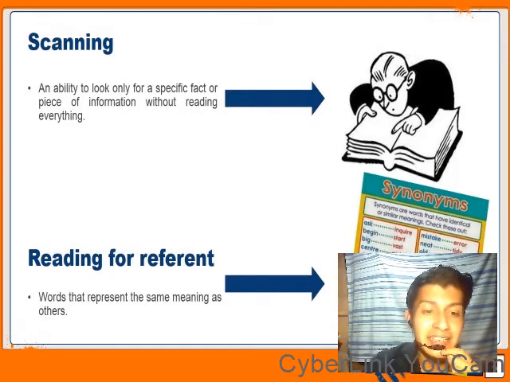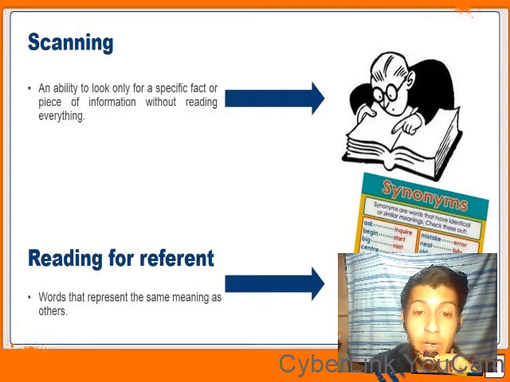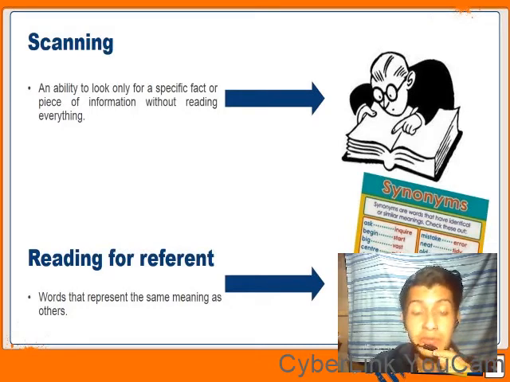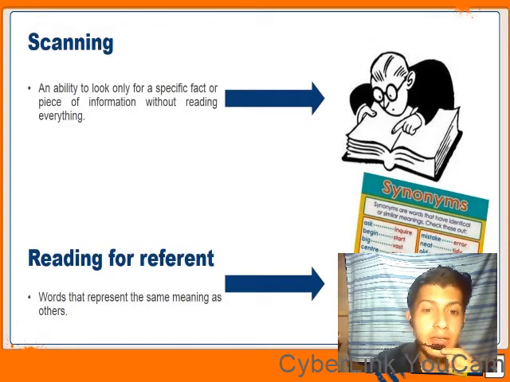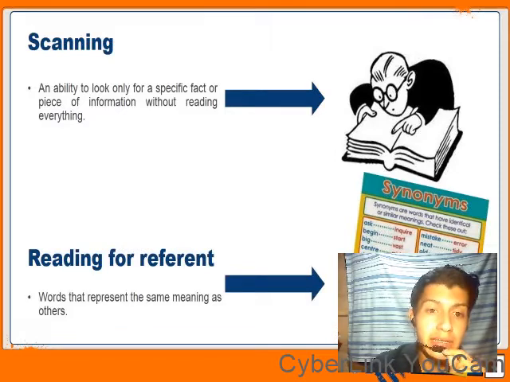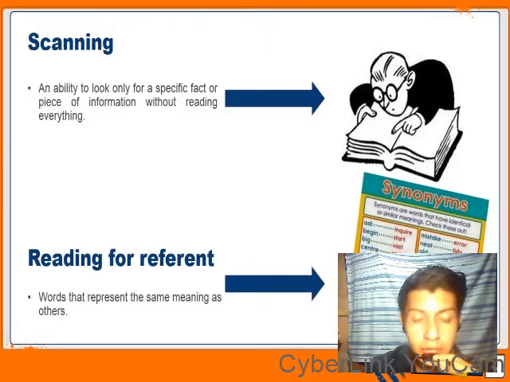So scanning is a skill that demands students to read quickly a reading text while they are looking for specific information. In order to scan a reading text, students must start at the top and then move their eyes quickly towards the bottom.